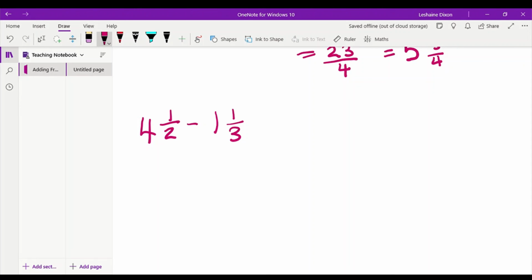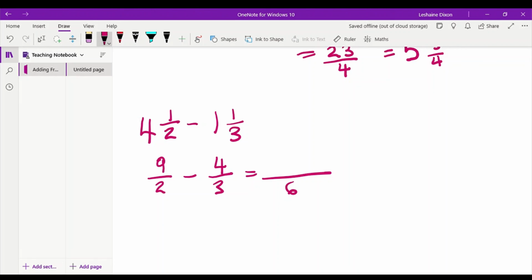So now we look and we say, okay, 4 times 2, 8, plus 1, 9 over 2, minus 1 times 3 is 3, plus 1, that is 4 over 3. The LCM is equal to 6, as we previously found in a problem earlier in the video.